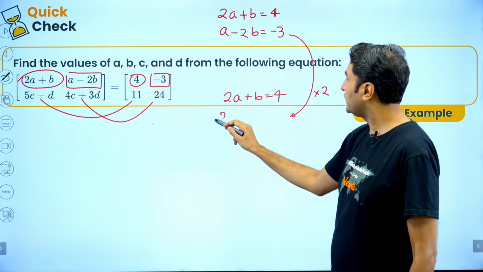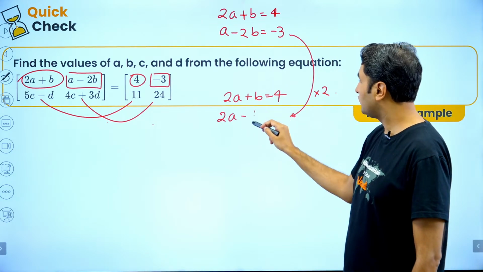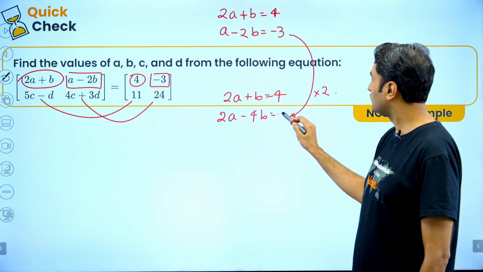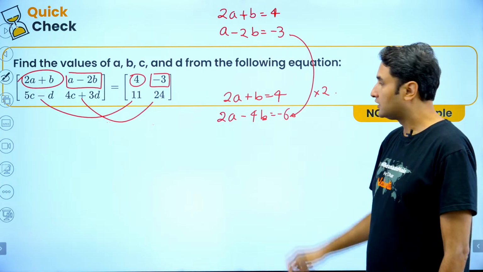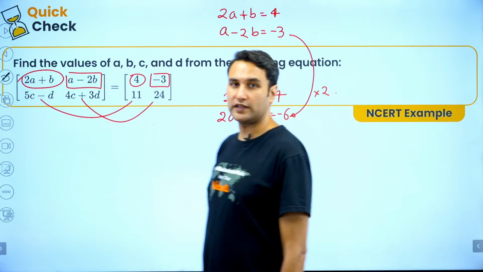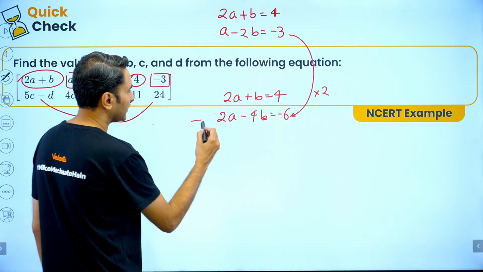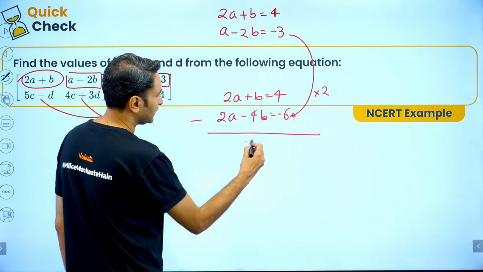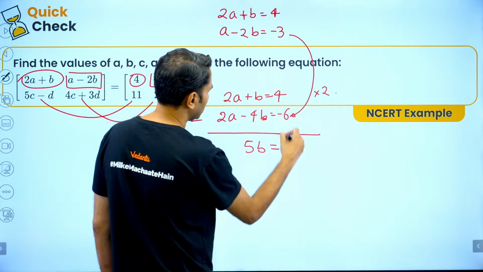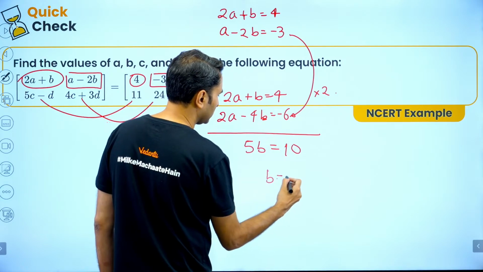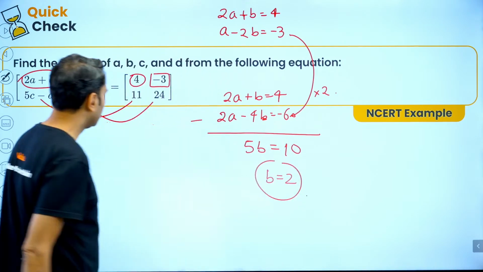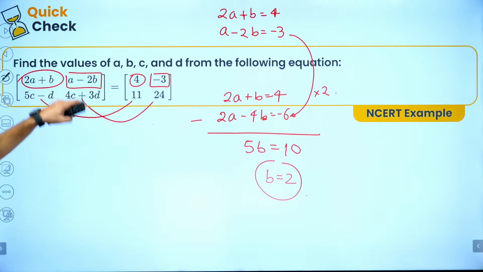It will become 2a minus 4b is equal to minus 6. Why did you do it? Because you wanted to cancel out a. Now you can subtract. So this will be 5b must be equal to 10, b must be equal to 2. The first one. And so two equations, two variables a, b.